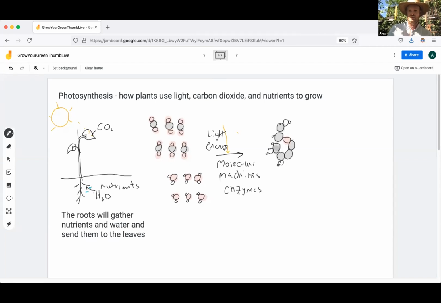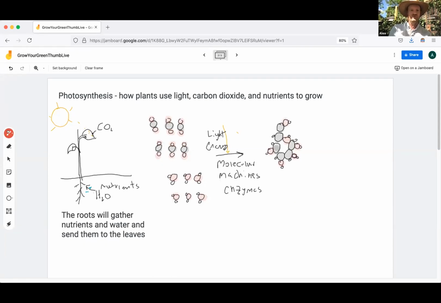Here we have an OH and a hydrogen, and an OH here, and an OH here, and an O here. And let me color in the oxygen atoms red. Like so. And again, we'll leave the hydrogens white.